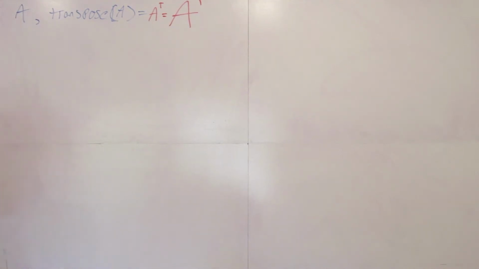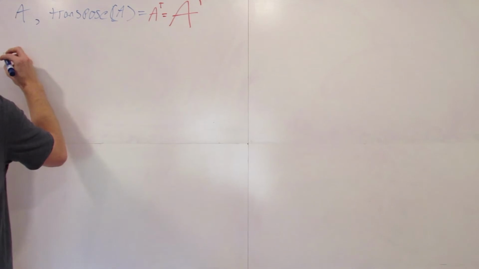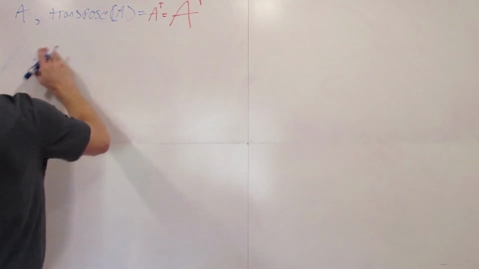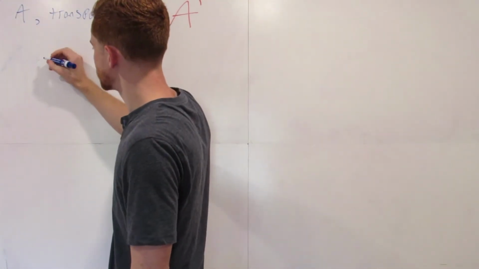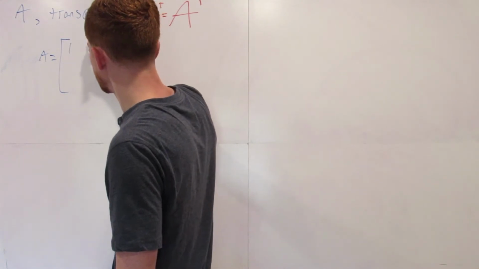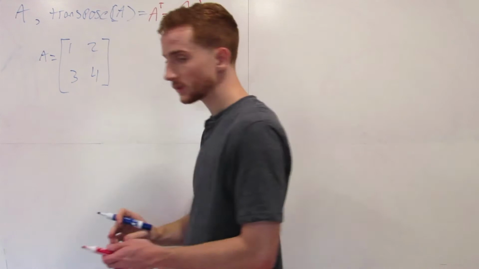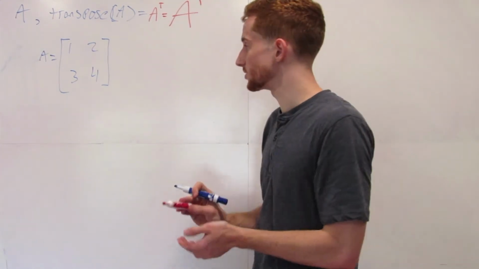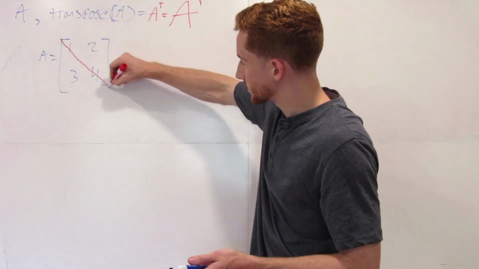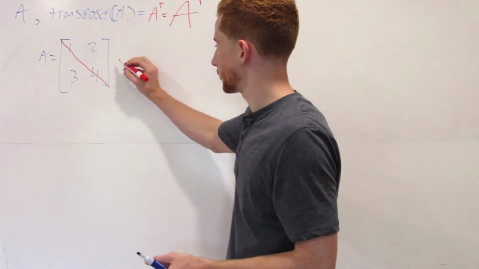So first I'm going to just go through an example. So say A is equal to [1, 2; 3, 4]. What you can think about here with the transpose is that you draw some kind of line along this axis and then flip the matrix along that axis.